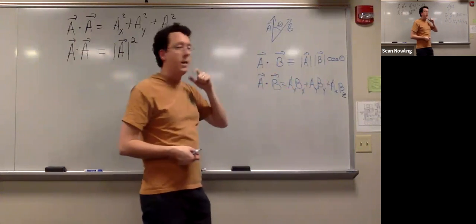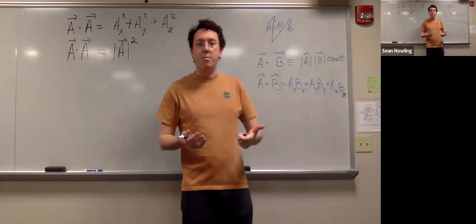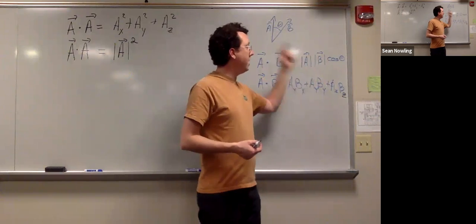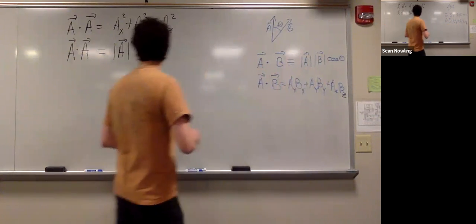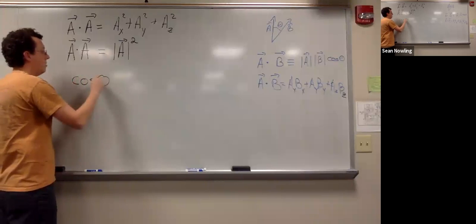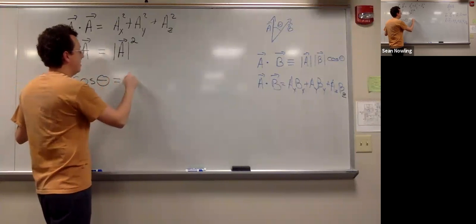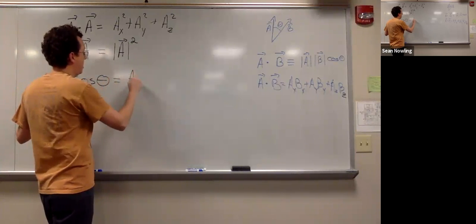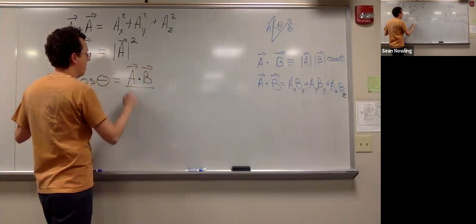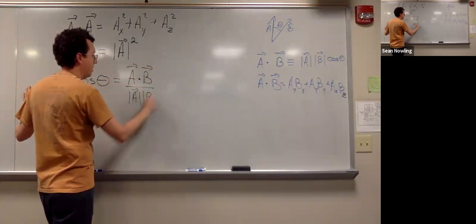You could define the magnitude of a vector simply as its self dot product. And then once you knew how to define the magnitude, you could define the cosine of the angle between any two vectors as a dot b divided by the magnitude of A and the magnitude of B.